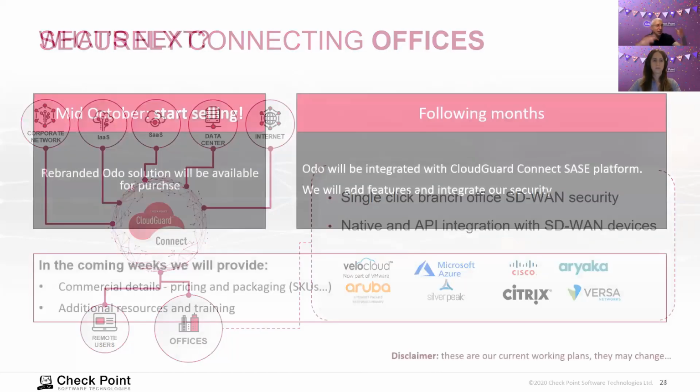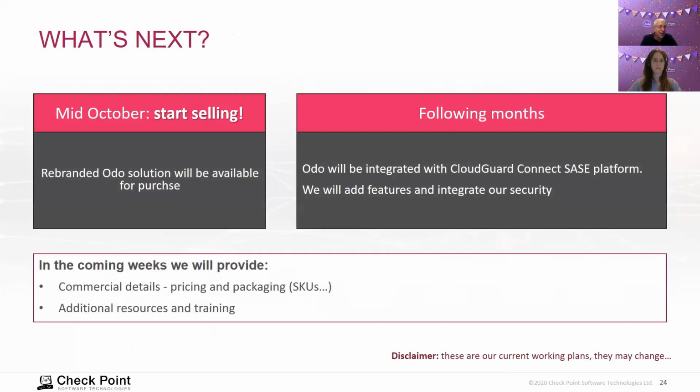So that's in a nutshell the broader SASE vision and productization that we're focusing on. This is a major, major strategy for Checkpoint and where Odo fits into the bigger picture of what we're working on delivering.